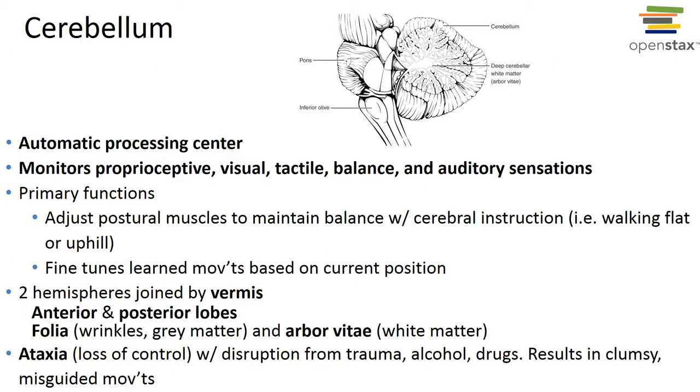The cerebellum is shown here, and the cerebellum is considered to be an autonomic processing center. It accounts for about 11% of the brain's mass. The cerebellum is partially hidden by the cerebral hemispheres and is the second largest structure in the brain.